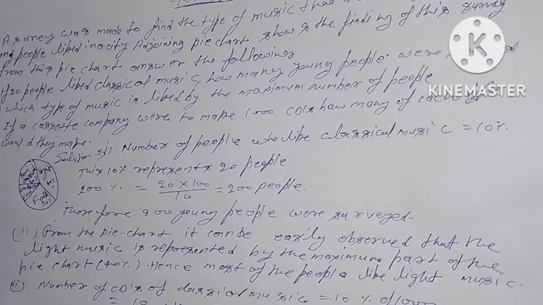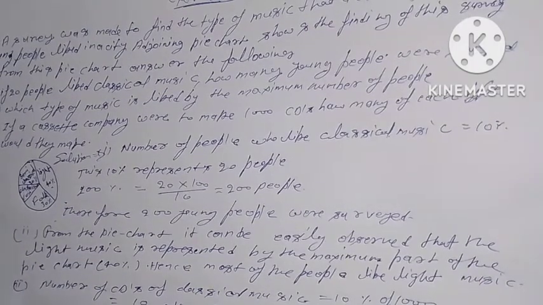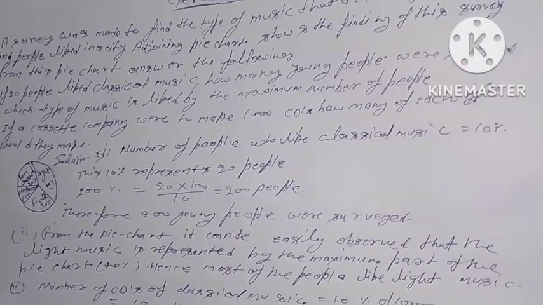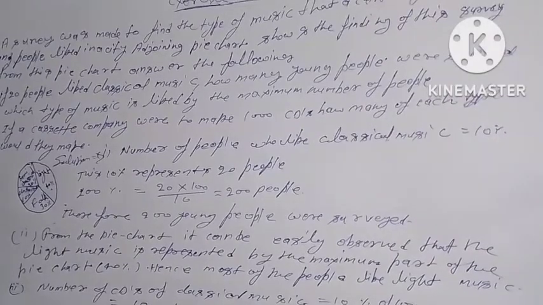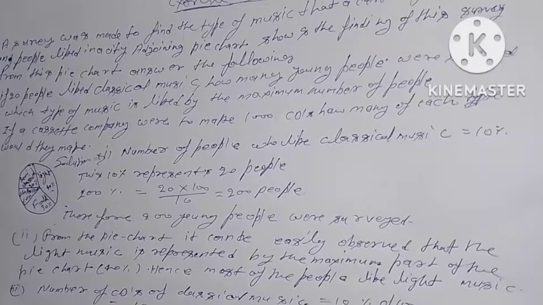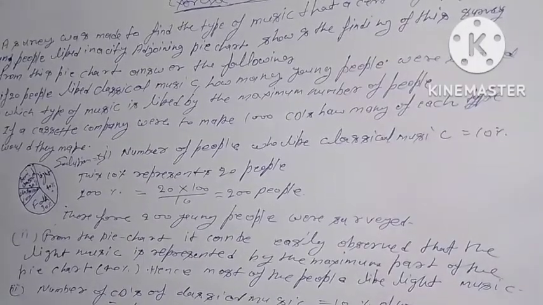And the number of cassettes of light music equals 40% of 1000.